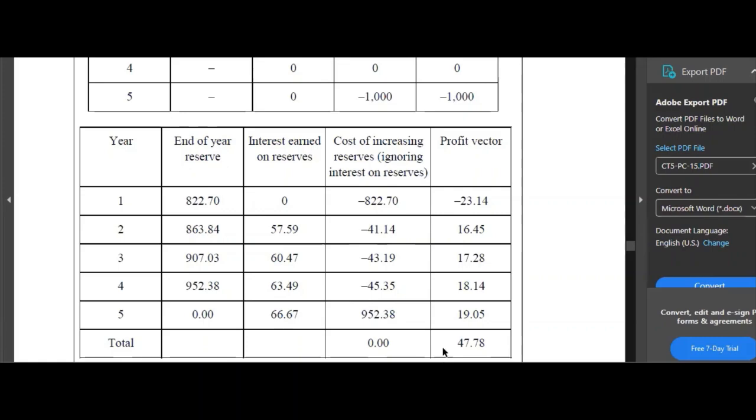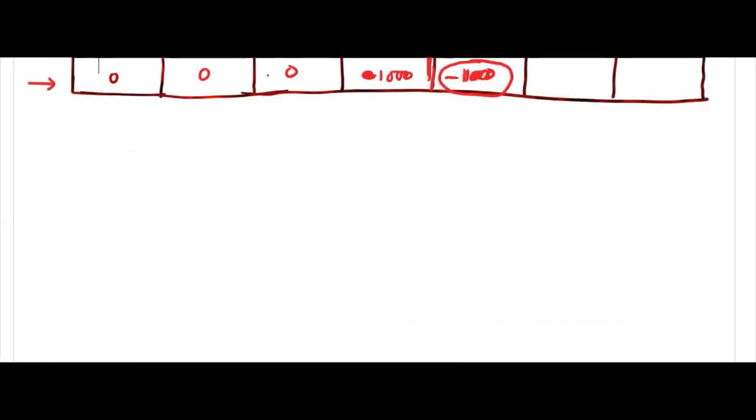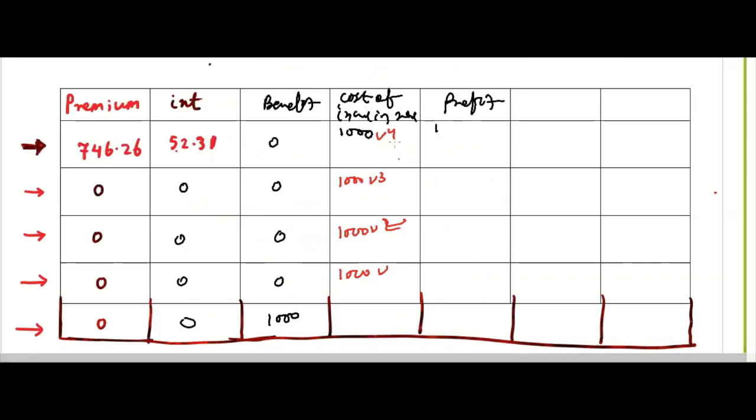You find one, we'll verify, then others I will copy from here. You find one, 1000 B4. You know, you are discounting, don't use that. This is reserve, right? Whatever reserve, that is the cost of increasing reserve here. That's what I am saying. What is 1000 B4?